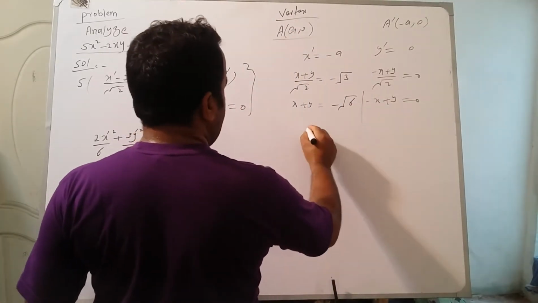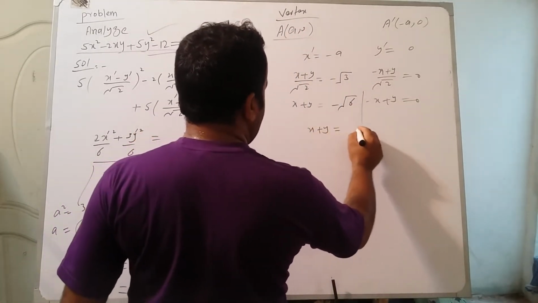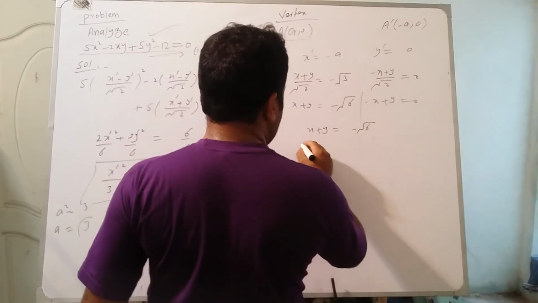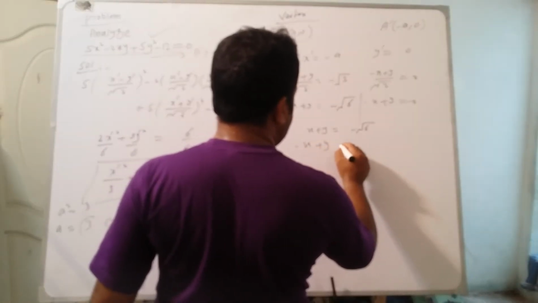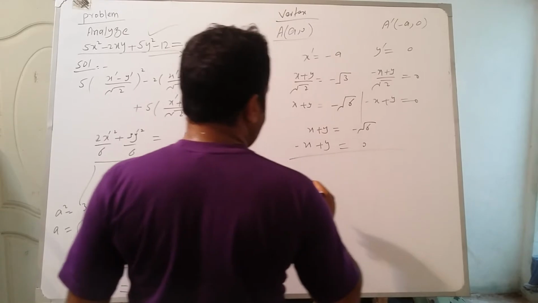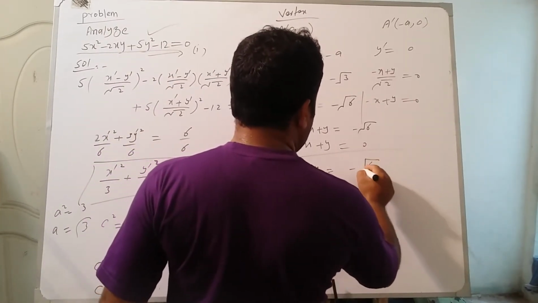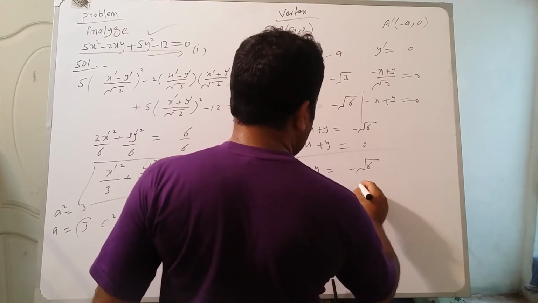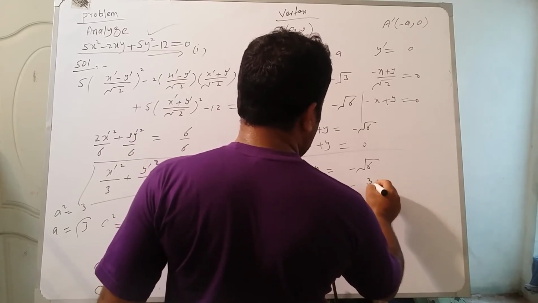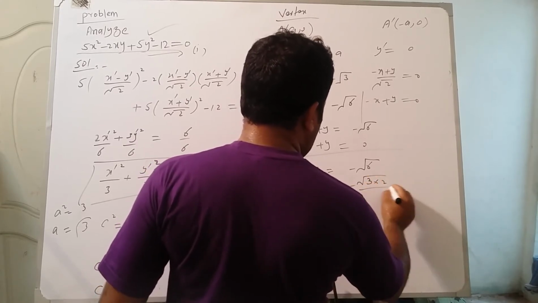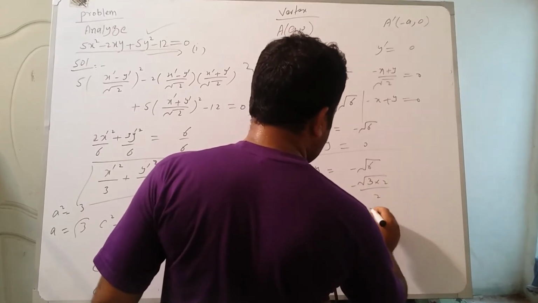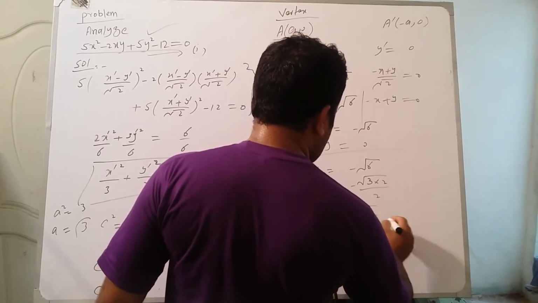So x plus y is equal to minus root 6, minus x plus y is equal to 0. Adding, 2y is equal to minus root 6 and y is equal to minus 3 multiplied by root 2 over 2, which is equal to minus 3 over root 2.